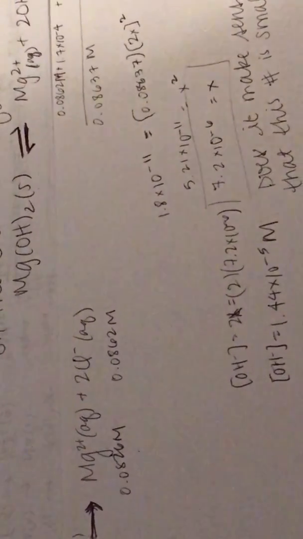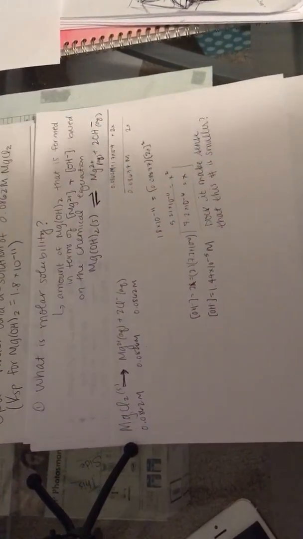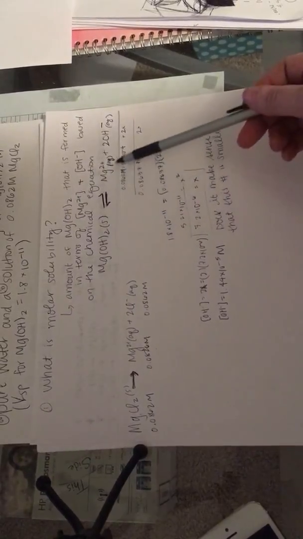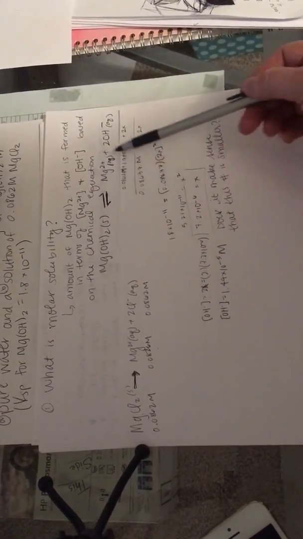So yes, it does make sense that it's smaller because my equilibrium has shifted to the left based on having more magnesium 2+ already in solution. This is the same idea as the common ion effect that we talked about. The common ion effect, or adding a common ion, will shift the equilibrium in your solution. So yeah, that's it. Let me know if you have any questions.